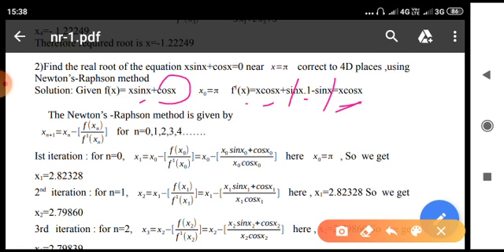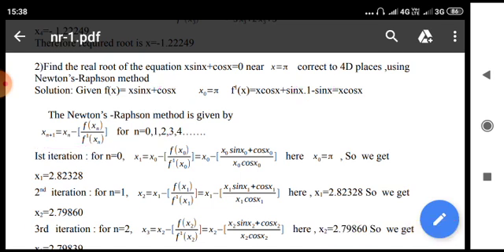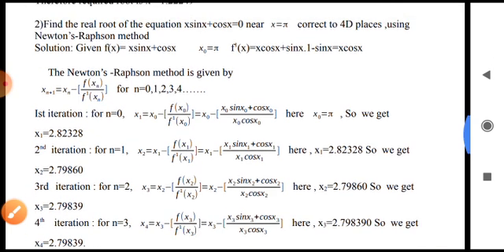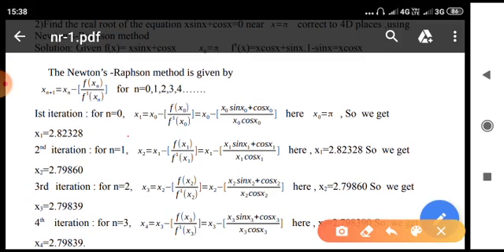The Newton-Raphson method is given by the formula xn plus 1 is equal to xn minus f of xn divided by f dash of xn for n equal to 0, 1, 2, 3, etc. Now the first iteration, for n equal to 0, the formula is x1 equal to x naught minus f of x naught divided by f dash of x naught, which is x naught minus (x naught sin x naught plus cos x naught) divided by x naught cos x naught.